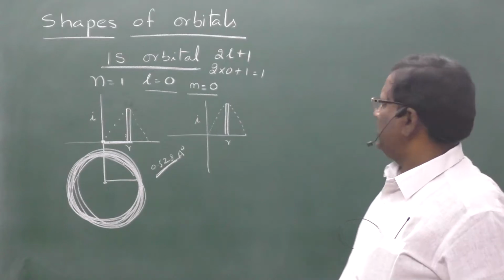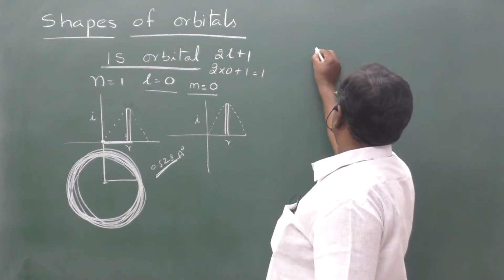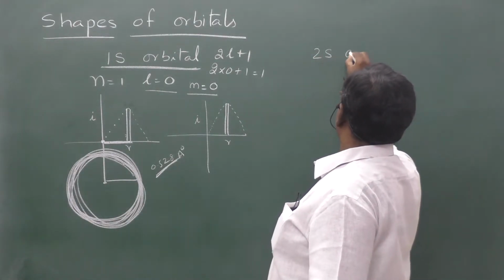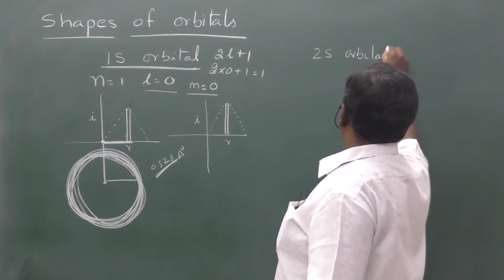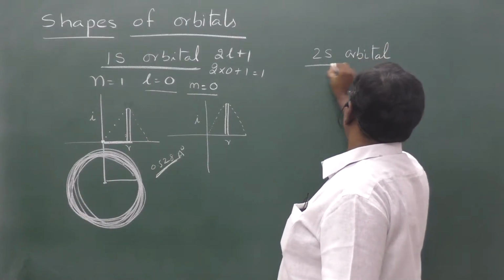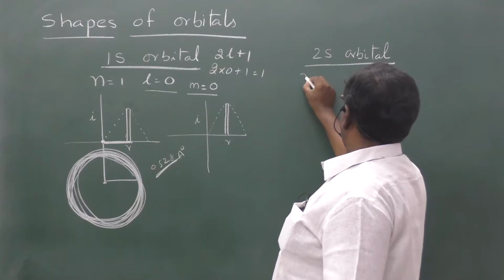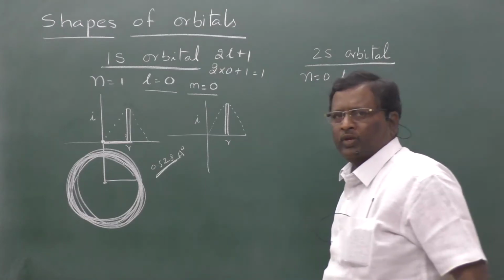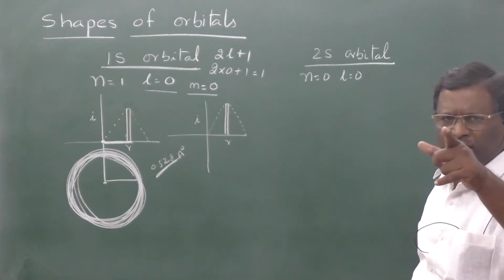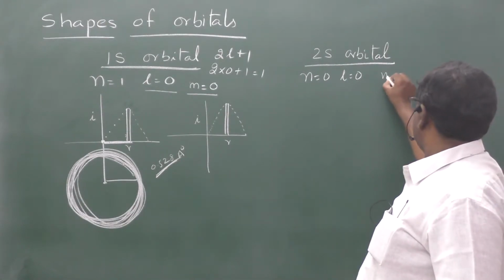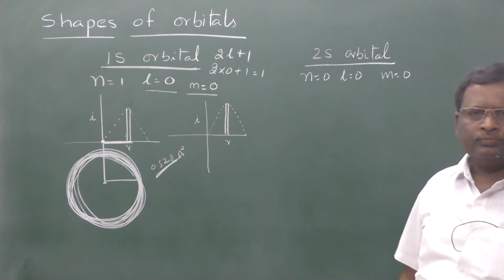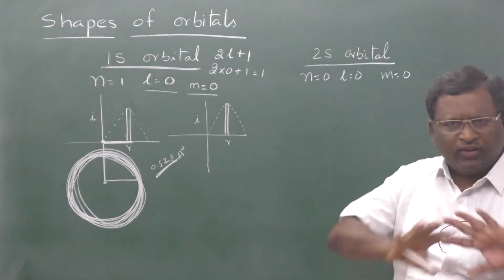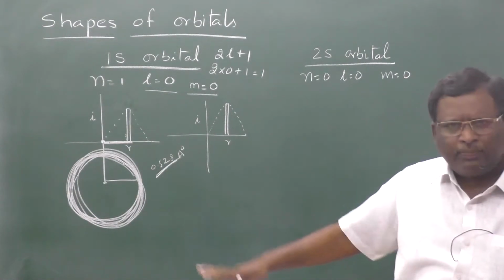Let us consider the shape of the 2s orbital. For the 2s orbital, n is equal to 2, L is equal to 0. When L is equal to 0, m will have only one value, that is m is equal to 0. That means there are no different orientations, only one type of orientation.